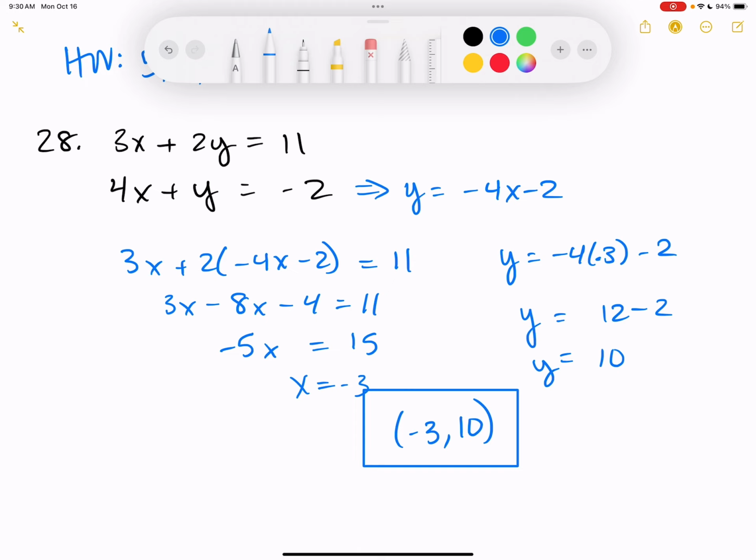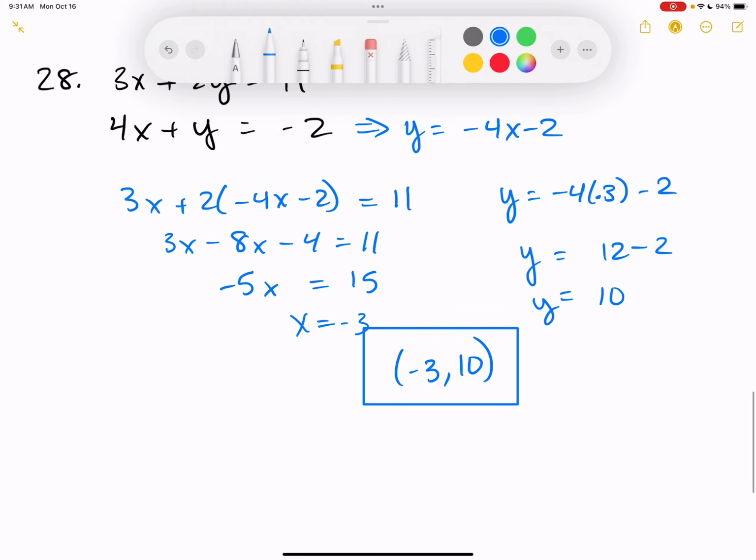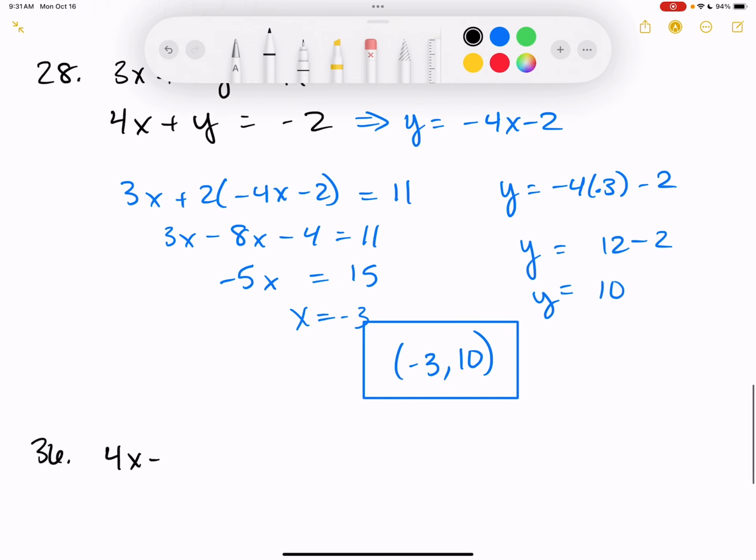36. Let's see, we've got 4x minus 3y equals 8, and negative 8x plus 6y equals 16.